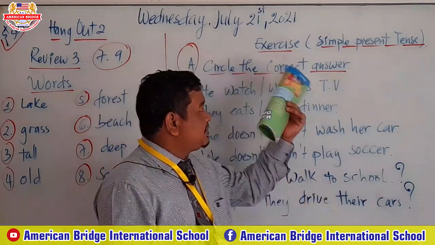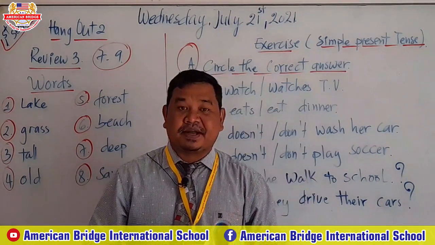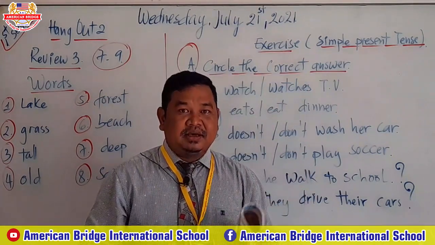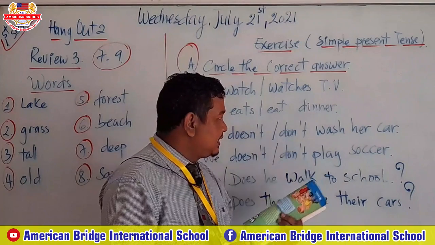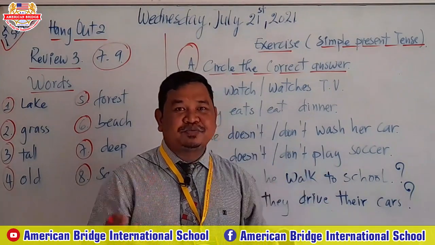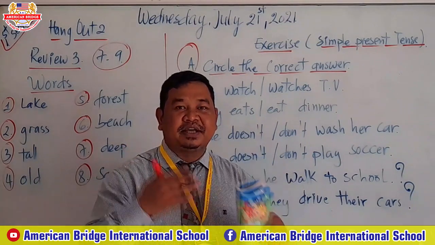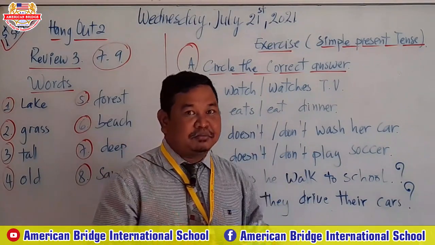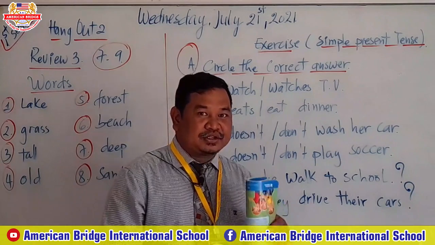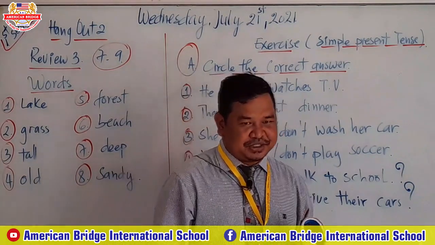I taught you about simple present tense, but today you have to practice doing exercises with me. Make sure that if you don't understand, you can ask the homeroom teacher. Your homeroom teacher will reply to you and explain more about that, okay? So don't forget to ask your homeroom teacher also.